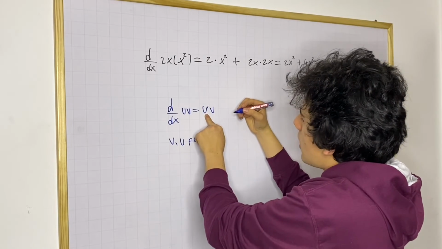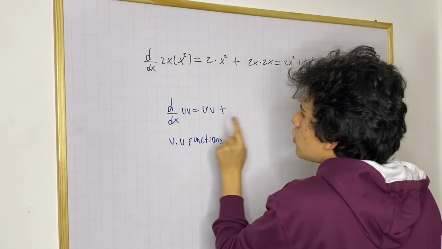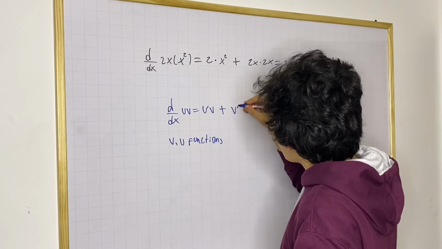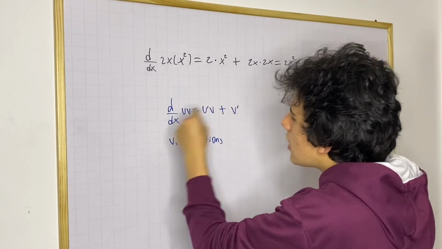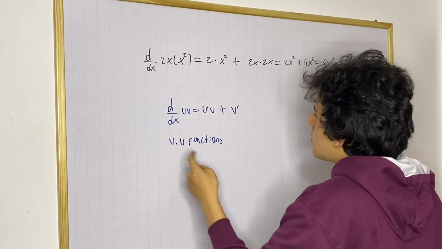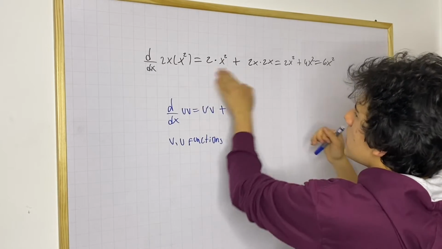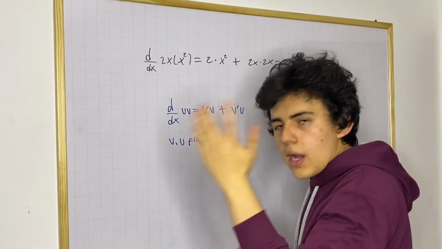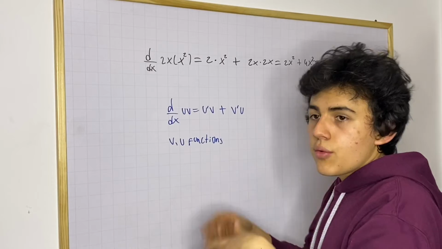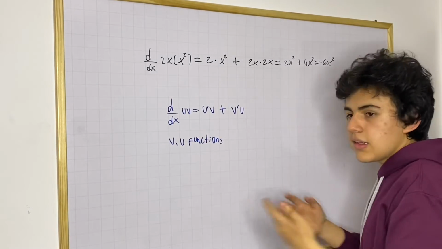So u prime times v, plus, now you switch it. If you took the derivative of u, now you take the derivative of v. So you have v prime times u, which you did not differentiate in the previous term. This is what we did up here, and this is basically the rule. Grab the first one, take the derivative and multiply by the second one, plus the derivative of the second one times the first one, okay? That is basically the product rule. It is a very useful rule.